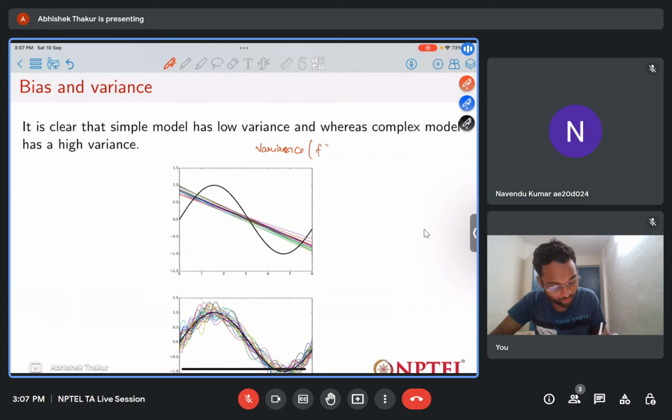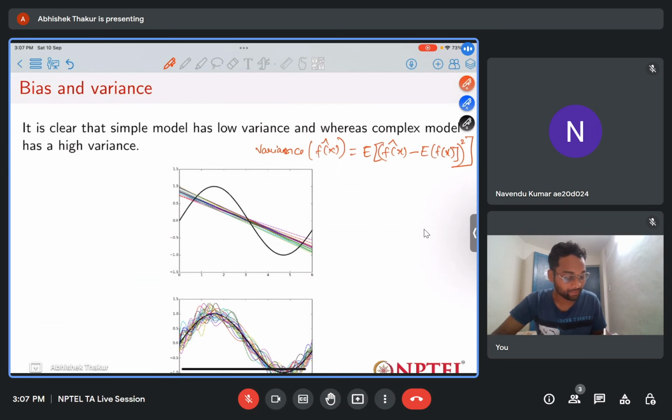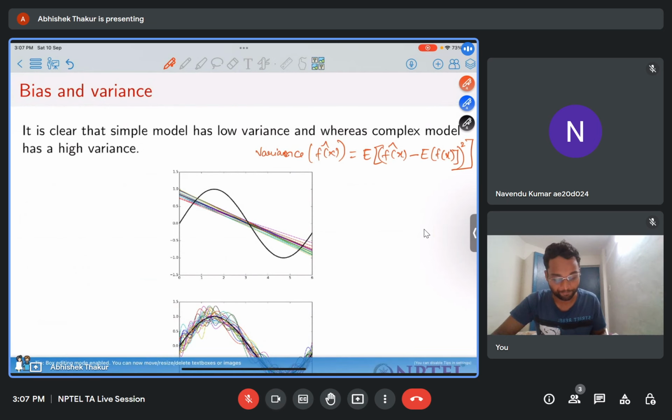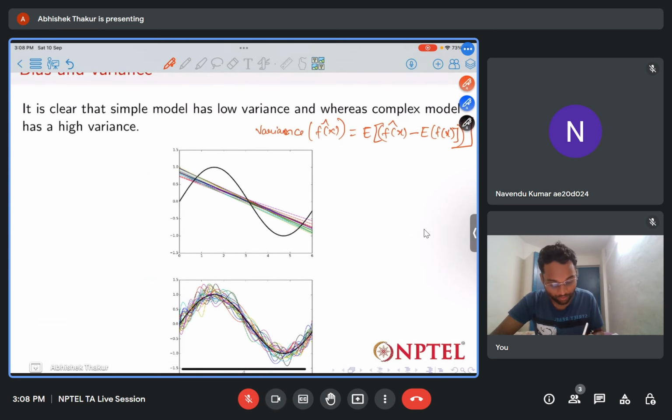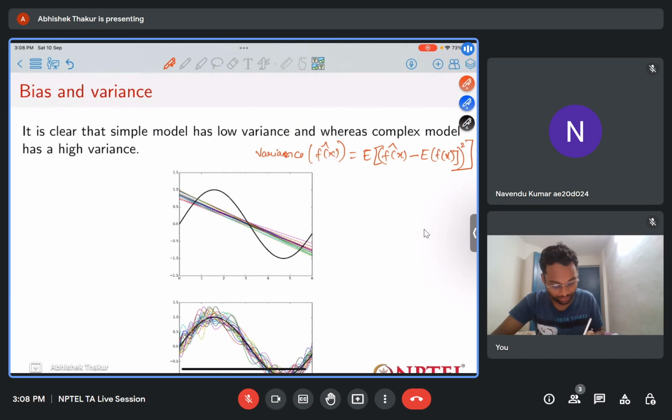Variance of the estimated value f(x) hat is given as the expectation of the estimated value minus the true value, squared. Now you can see that in the simple model, when some data points are changed, the variance is very low.